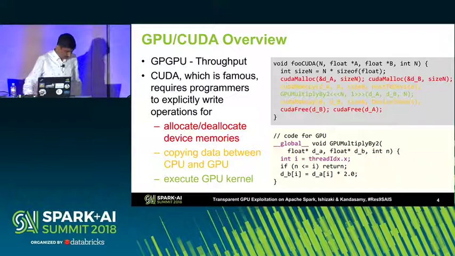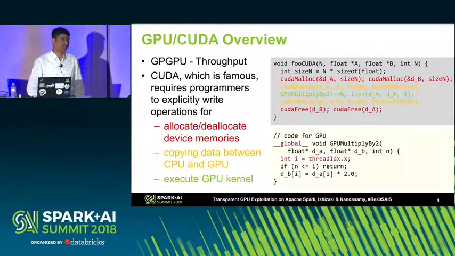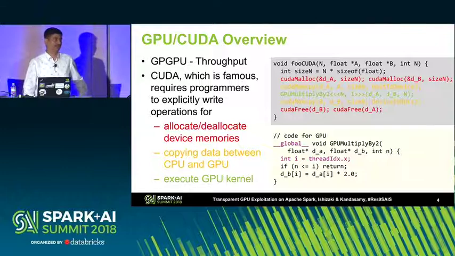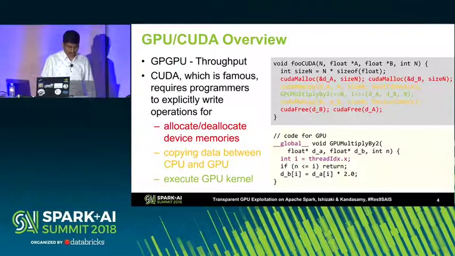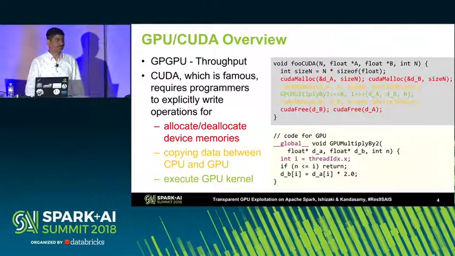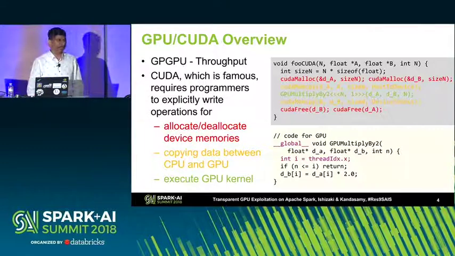Before we go on to exploiting GPU on Spark, I would like to give a little overview of what a GPU is and what CUDA is, so that will help to understand this better. First, GPU, the general purpose graphics processing unit. This is almost similar to a CPU in the sense that it also lets you execute a program which you have written.